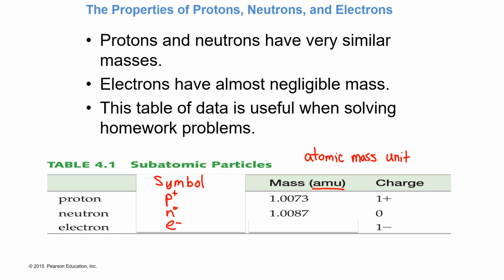Sometimes some textbooks will leave out the M and just call it an AU, atomic unit, but it means the same thing. Notice that there's very little difference between these. You don't start seeing the difference until the thousandths place in the decimal. So the difference in mass is negligible between a proton and a neutron. However, pay attention to the charge. Proton is a +1. A neutron is 0 charge. It has no charge.